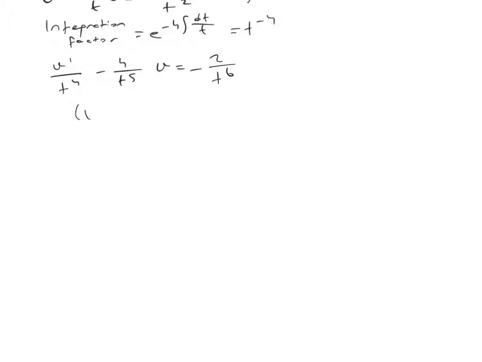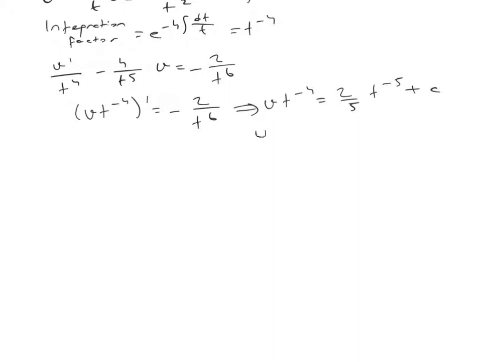And from here, v times t to the minus 4 prime is equal to minus 2 over t to the 6. By integrating both sides, we get v times t to the minus 4 is equal to 2 over 5 t to the minus 5 plus the constant c.